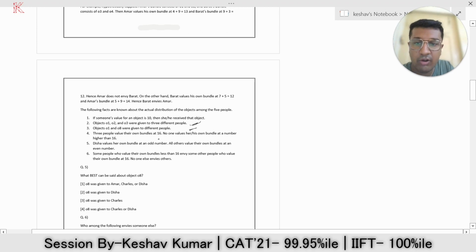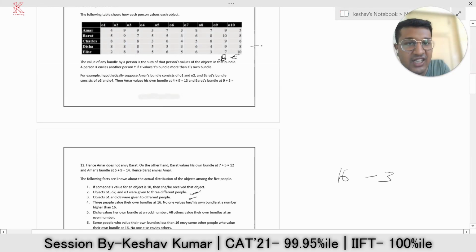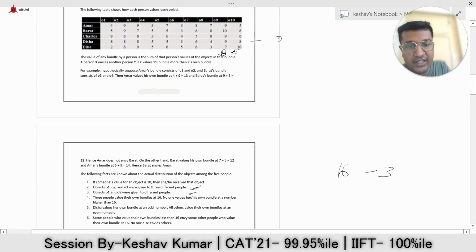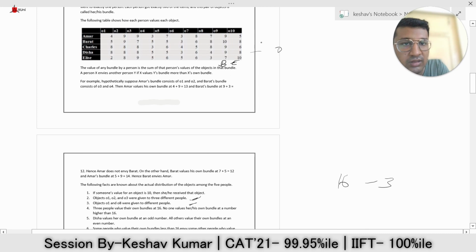3 people value their own bundle at 16. No one values his or her own bundle at a number higher than 16. So the maximum value of a bundle is 16, and 3 people value their bundles at 16. Disha values her own bundle at an odd number. All others value their own bundles at an even number.